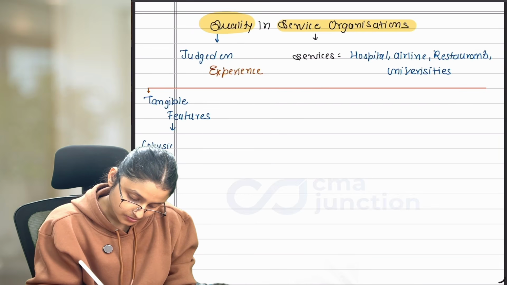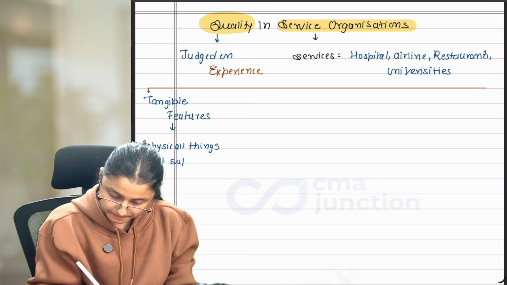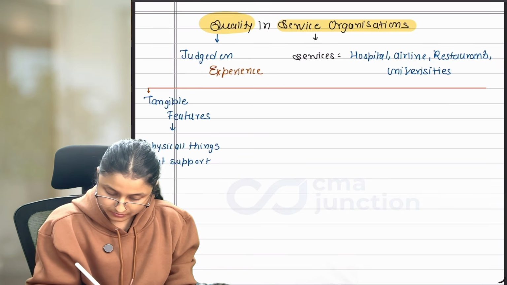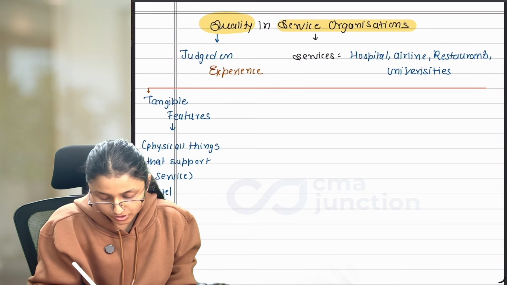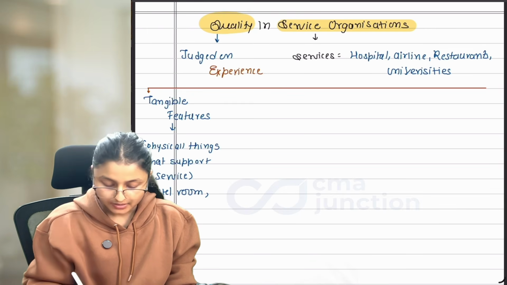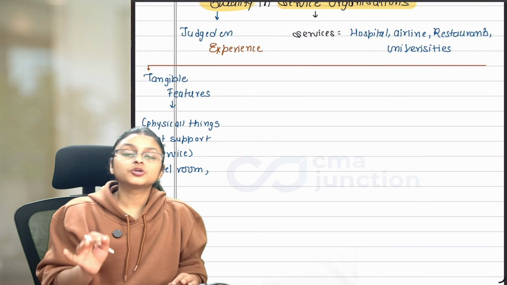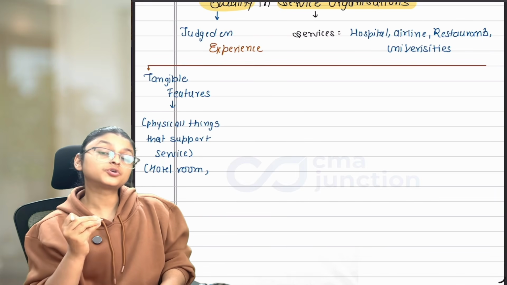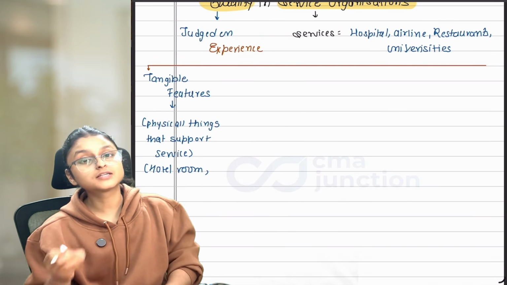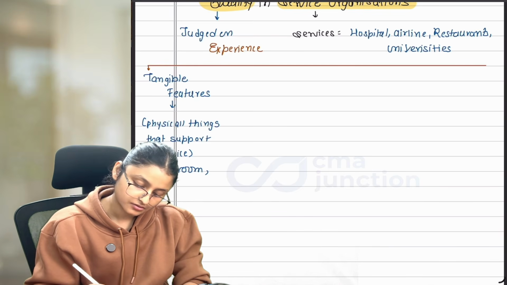Physical things that support service, like the hotel room is the physical thing which you are getting, right? And if you have gone to a garage for repairing your car, then it can happen that they are adding some parts to your car. If the parts are of good quality, you will think that the service is of good quality, right?